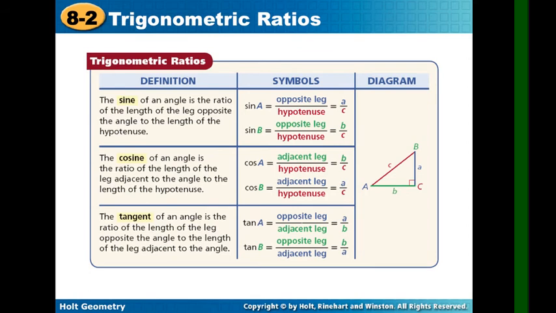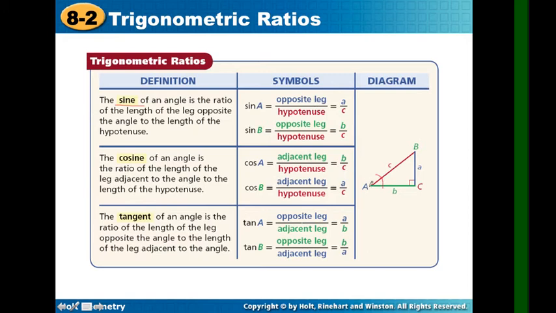Now, by definition, the sine of an angle is the ratio of the length of the leg opposite the angle to the length of the hypotenuse. So, from that, parang sinasabi ng sine, okay, na ito yung ratio ng opposite leg over the hypotenuse of the triangle. Halimbawa, we have sine A. Sabi dito, opposite.